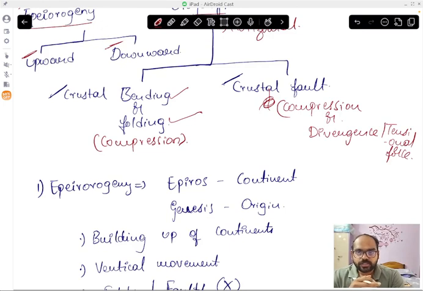For folding, we have seen the formation of a simple fold, after that asymmetrical fold, overfold, recumbent fold, and nappes. Similarly, for faults there is normal fault and reverse fault.